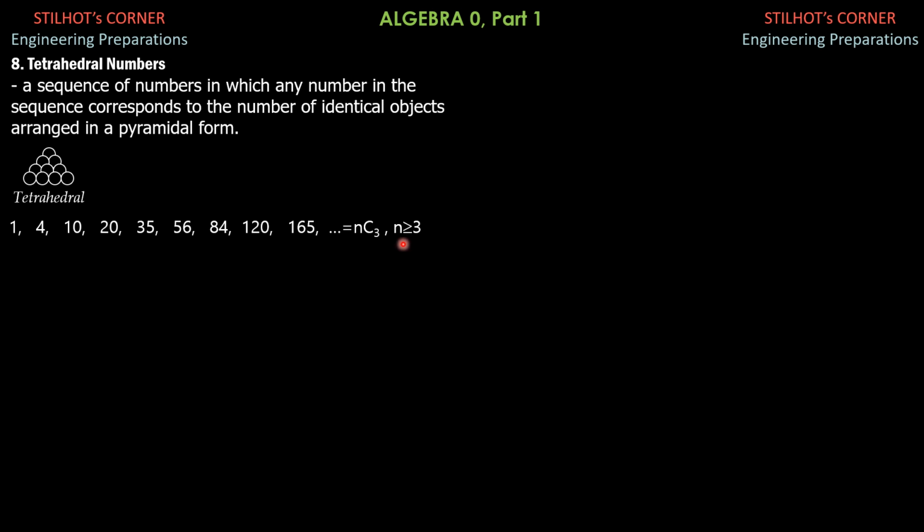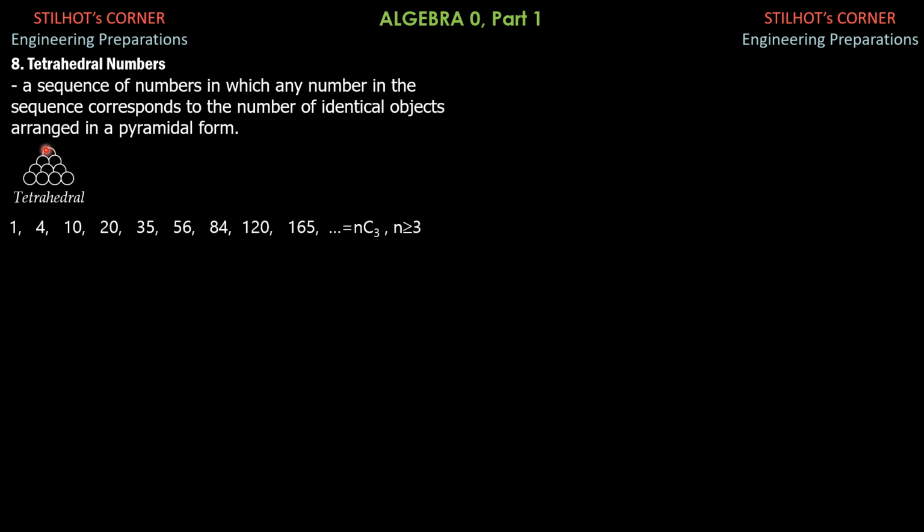So for instance, 3C3 is 1. Then 4C3, 4 combinations taken 3 at a time, would be 4. 5C3 is 10, and so on and so forth. But do not memorize the formula. This is the way to remember it.